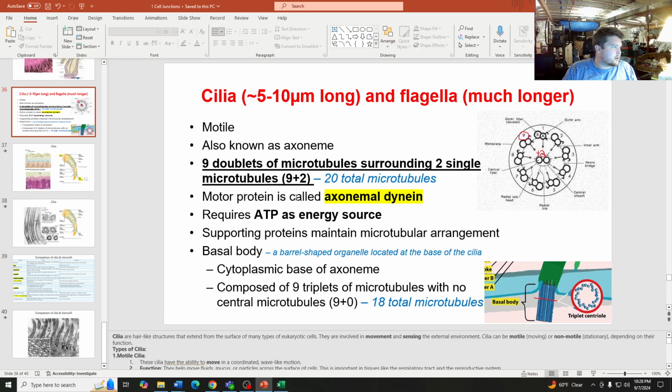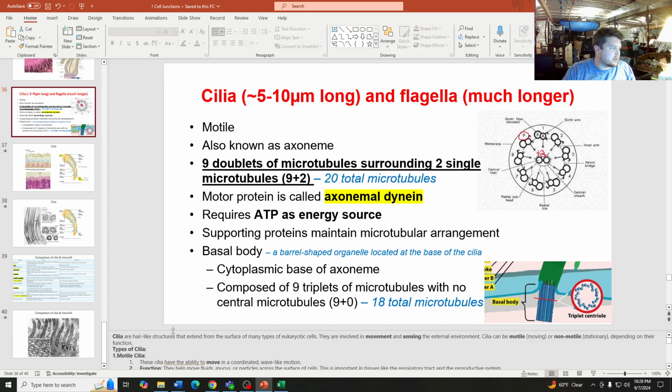Big thing to remember, the major protein that makes up the cilia is axonemal dynein. And because it is motile, it needs energy, so it requires ATP. We mentioned that ATP is our energy source. And it has some supporting proteins, and we already talked about the basal body.